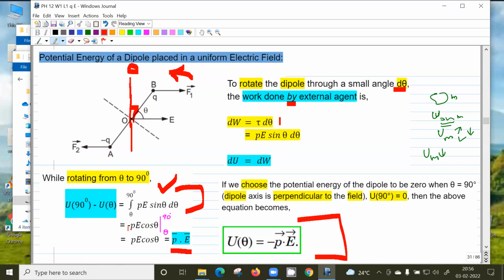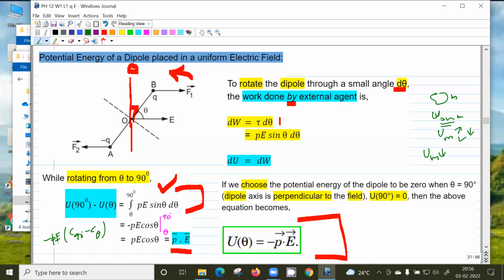And the third step also, minus will come, no, sir. No, you have to put the upper limit first, right? After simplifying, you have written minus P cos theta. I have skipped a step. If you write the step, it will become P cos theta minus cos 90. Simply P cos theta, sir. Why have you written that minus sign?